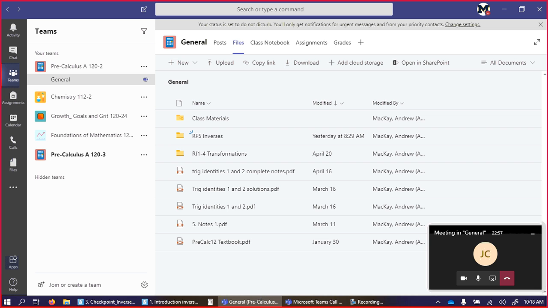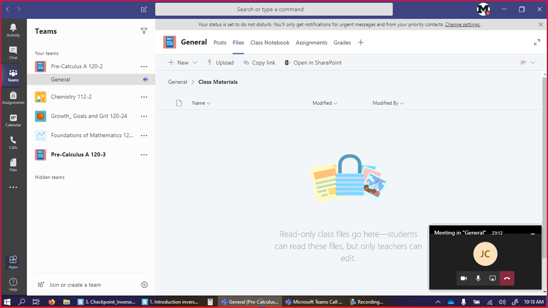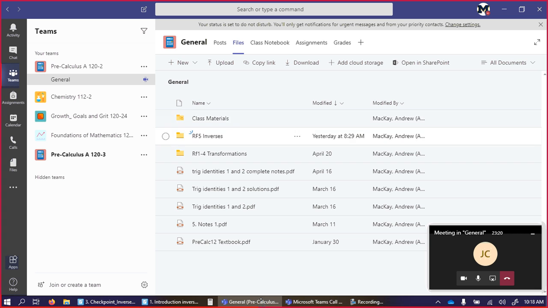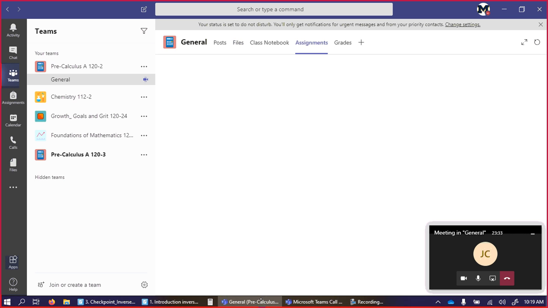If you have heard or know of someone who has troubles, apparently there's an Android issue that if I put stuff in this class materials folder, Android users can't access it, but I haven't heard anything because I don't use it. Apparently there's something to do with the permission setting, and it's got to do with editing. But that's why I post things as PDFs. So if you're going to edit a PDF, you've got to go through a whole pile of work.